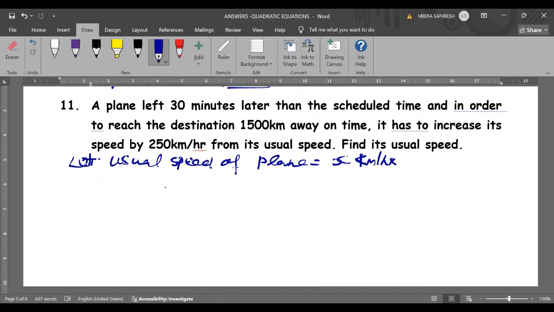Now, the increased speed is equal to x plus 250. Now, the distance given is 1500 kilometers.